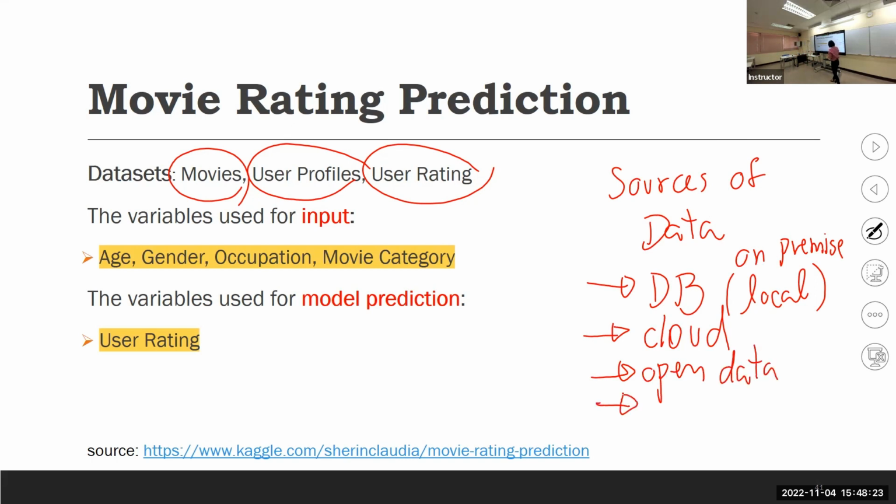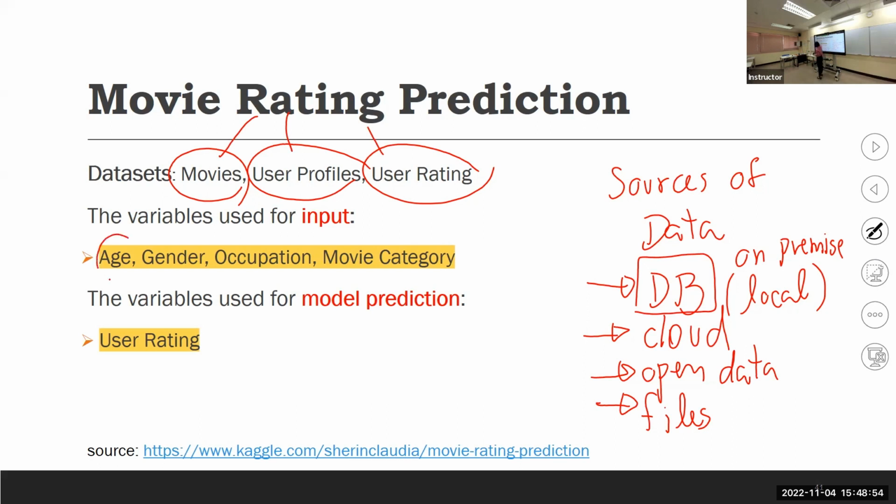It could be a database, or even local files. These are possible data sources you may need to access or retrieve. That is how these data sets are identified from this use case.